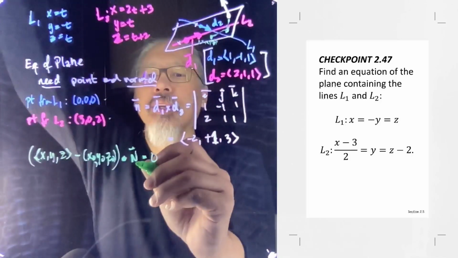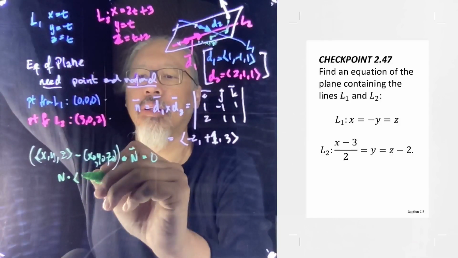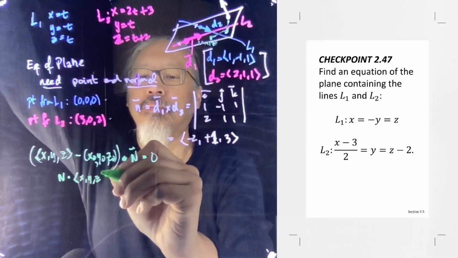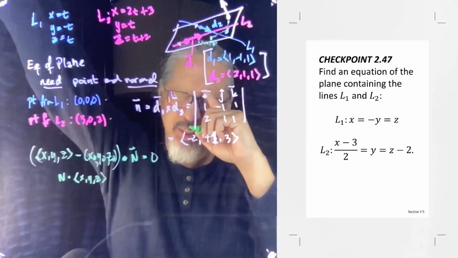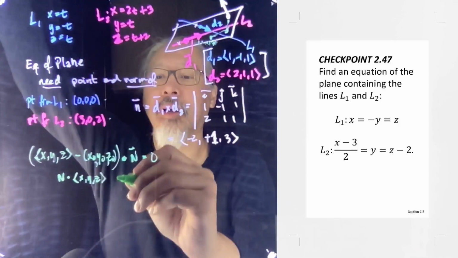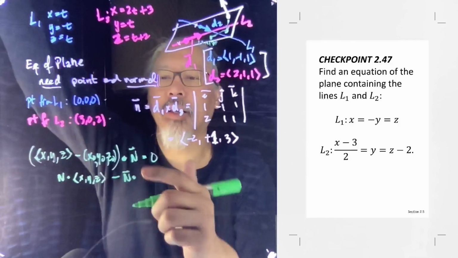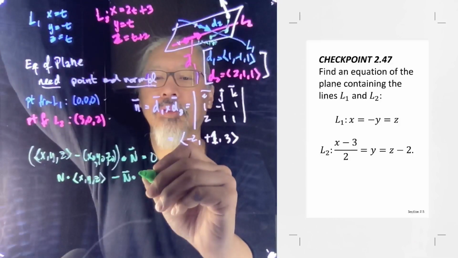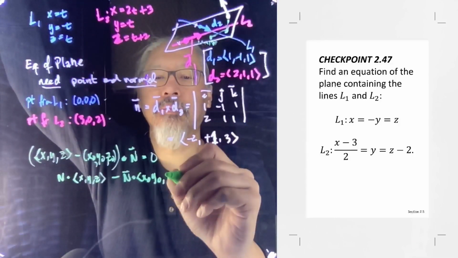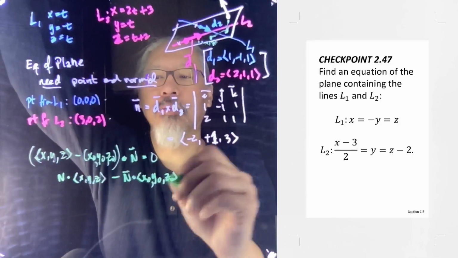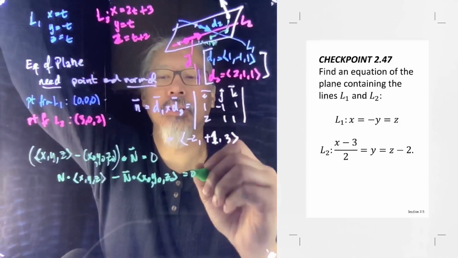So it'll be n dotted with x, y, z, and I'm doing one of the distribution rules for the dot product, and then we have a minus n. Also, the dot product is commutative, so we're switching it into an actual point. And remember, we found 2 of them, so we just need to use one of them, and this is equal to 0.